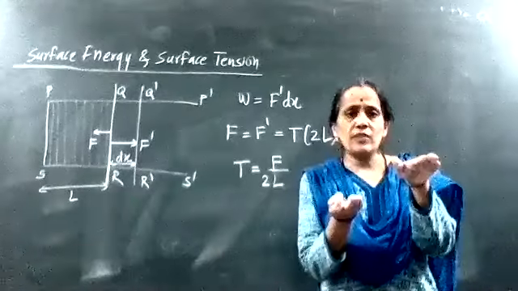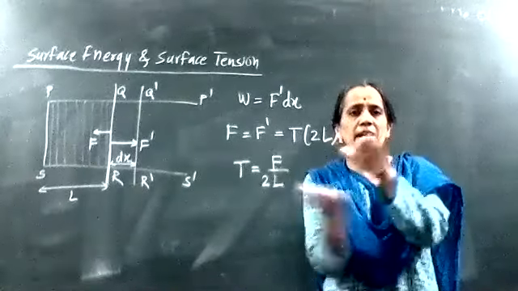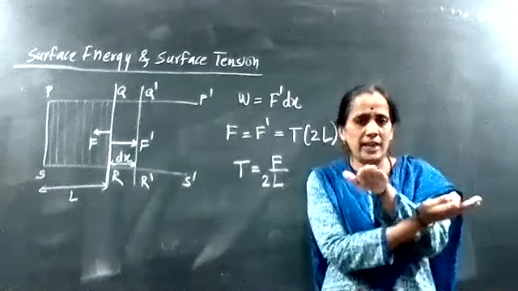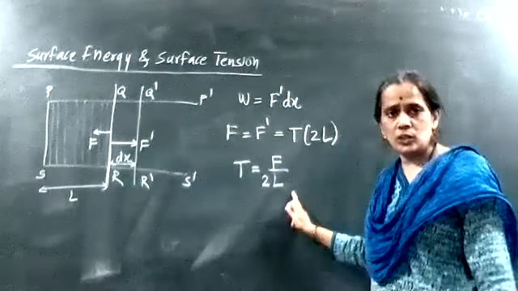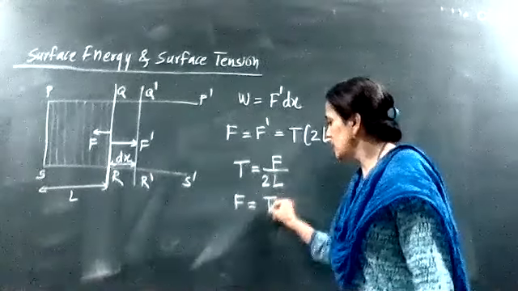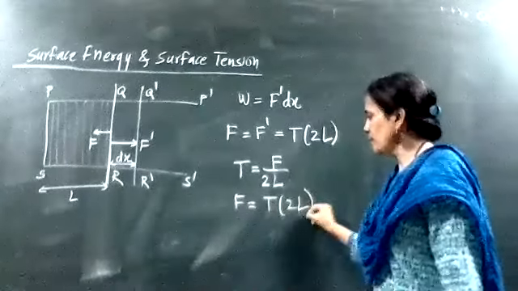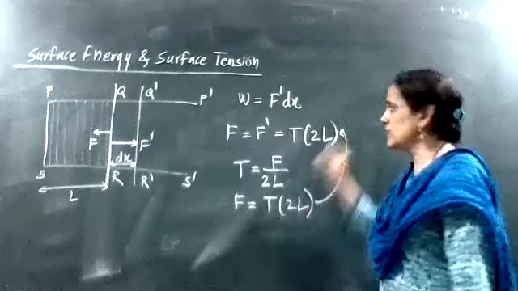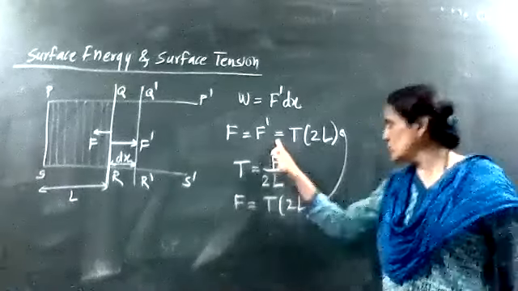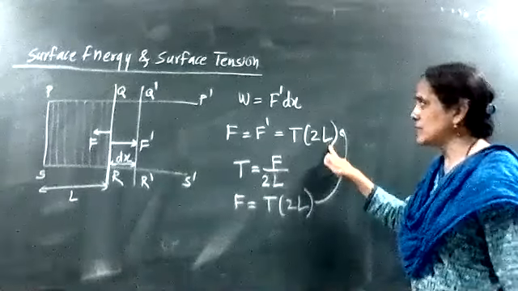Because over the surface film there are two layers, upper layer and lower layer. The upper layer has length L, the lower layer has length L, so the total length is 2L. Therefore F is T into 2L. So that F I have substituted here. That is F equals F', which is equal to T twice L.